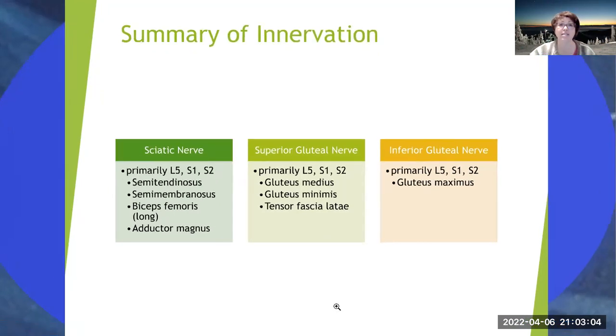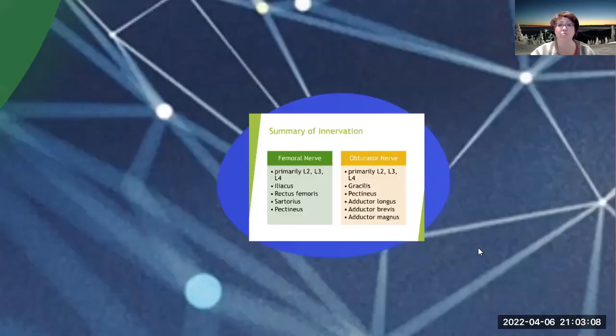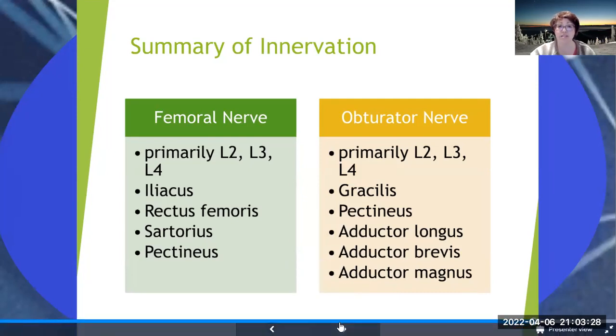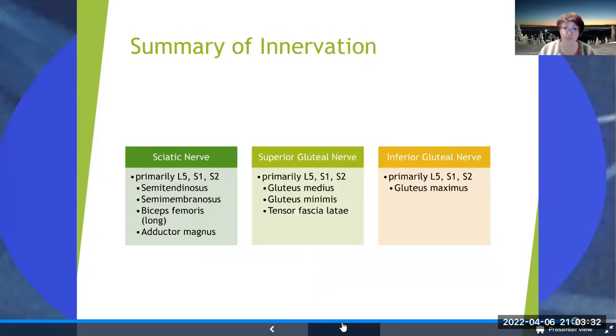So by looking at this list, you can see which motions might potentially be affected by damage to these individual nerves or nerve root levels. So if you damage the femoral nerve, it's going to affect hip flexion. If you damage the obturator nerve, it's going to affect hip adduction. If you damage the sciatic nerve, it's going to affect hip extension.